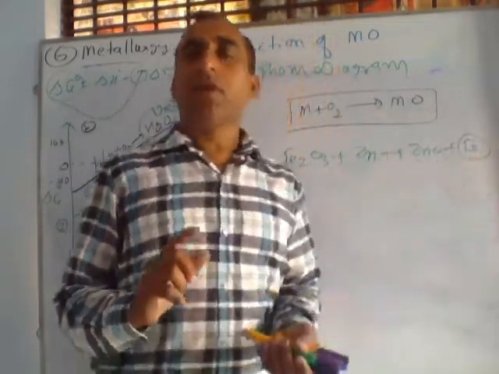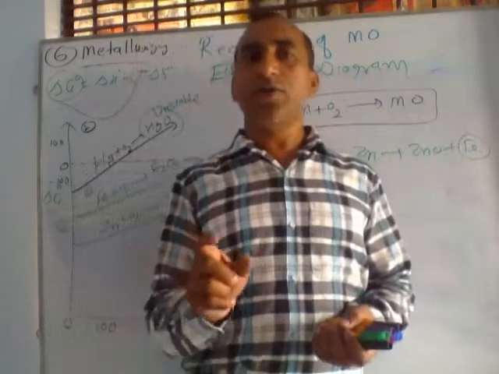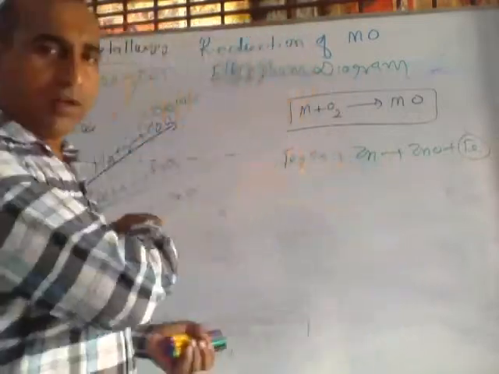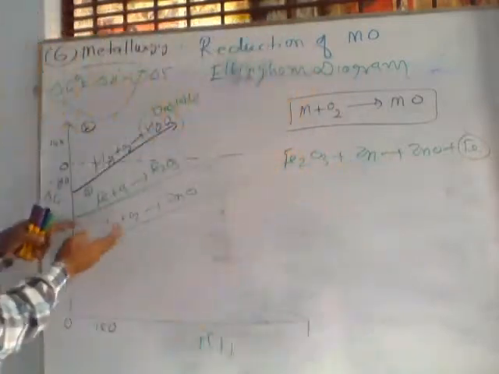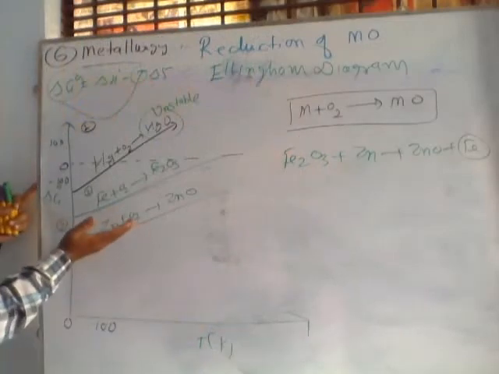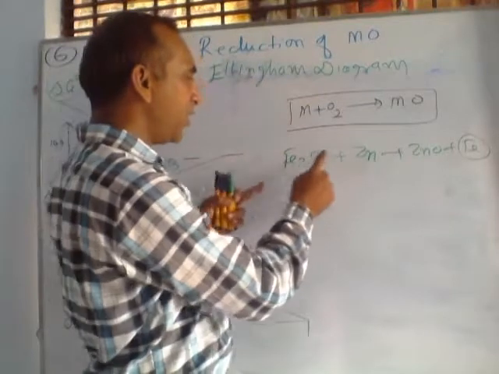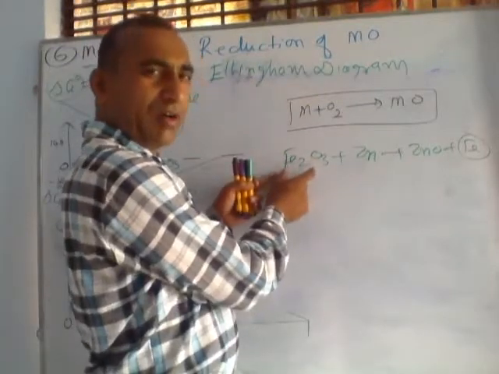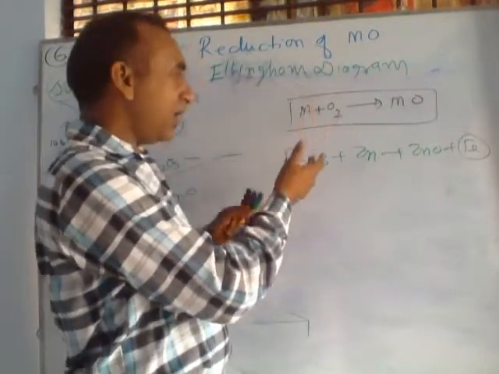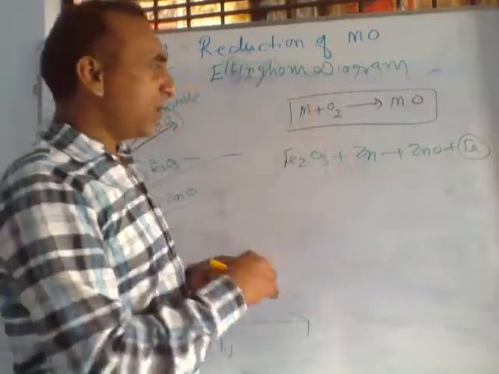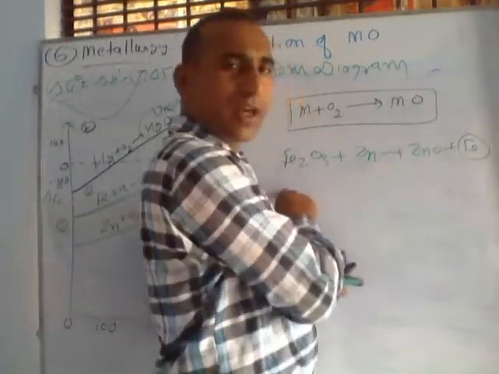It means which metal we use for reducing a metal oxide depends on the curve line. If it is downside, the lower metal can reduce the metal from the oxide of the upper metal. If you want the opposite, the reverse reaction, it cannot take place.